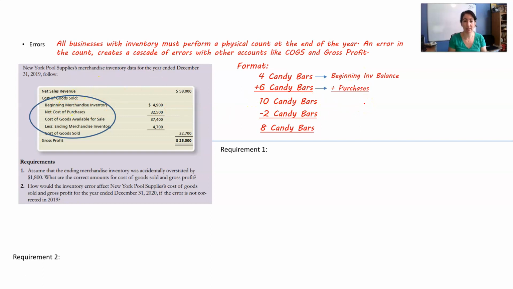I bought another 6, so I had 10 available to me, right? That's my total, all of my inventory all together, everything I have. And then I subtract what do I have left? Basically, what's still sitting on my shelves. Because if I had 10 in total, and I subtract the 2 that I have left that are on my shelves, or in my hand, then I must have sold or eaten the other 8 of them. That's the cost of goods that I sold.